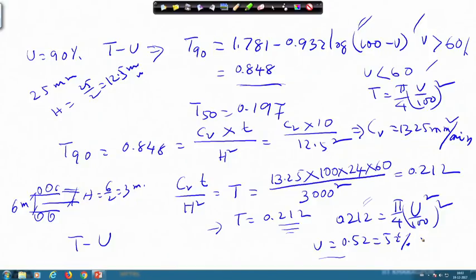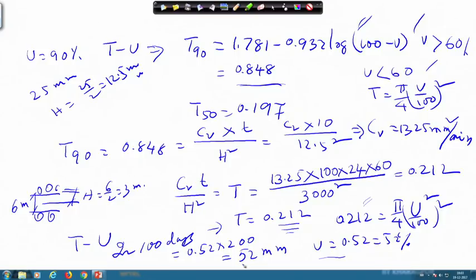52%. So, if it is 52% and the total is 200 millimeter, in 100 days how much settlement will take place? It will be 0.52 into 200, that is equal to 52 millimeter. So, in 100 days how much consolidation is expected?